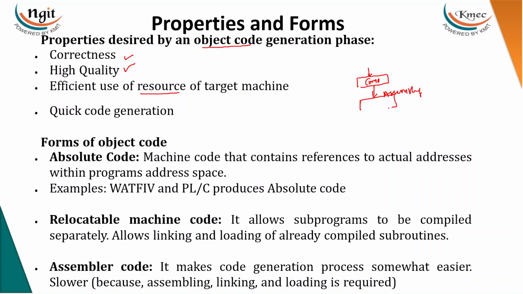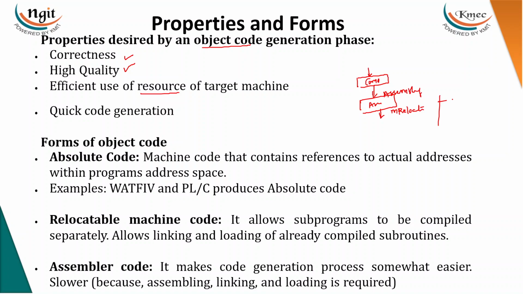And once it is given as input to the assembler, it will give you the object code. Sometimes you may not have a different compiler and assembler, in that case we can say machine relocatable code, after the assembler. What does it mean?